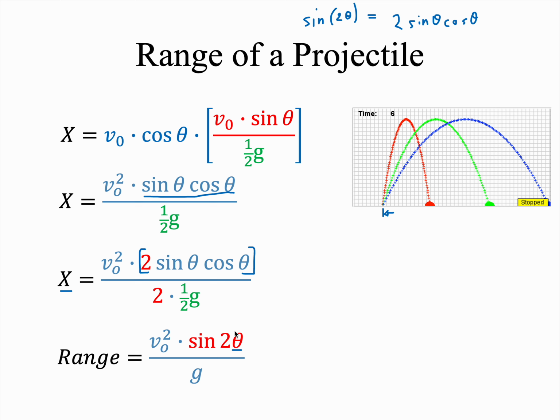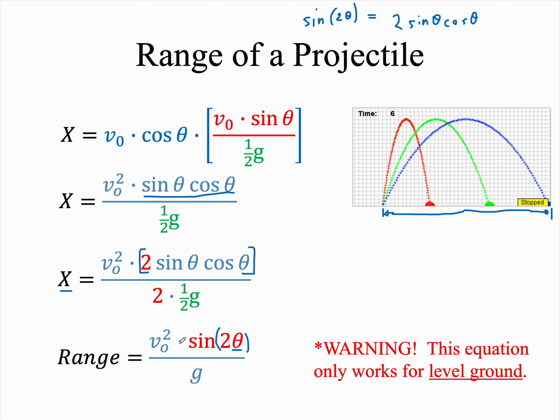So if the launch angle was 10 degrees, if theta was 10, you would do the sine of 20 degrees, divided by the acceleration of gravity. And again, what this is going to give us is how far away it's going to land. Notice that it increases dramatically with launch velocity. Doubling the launch velocity actually gives you 4 times the range.